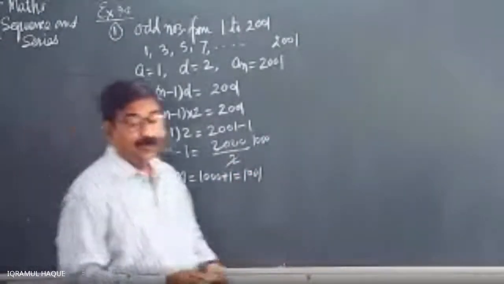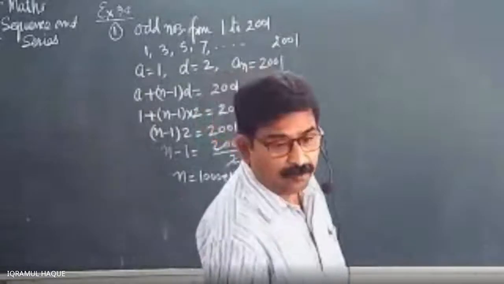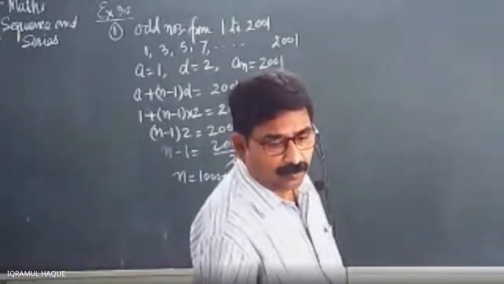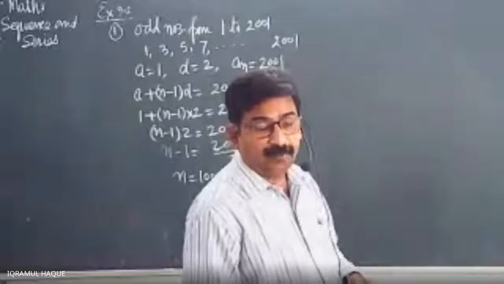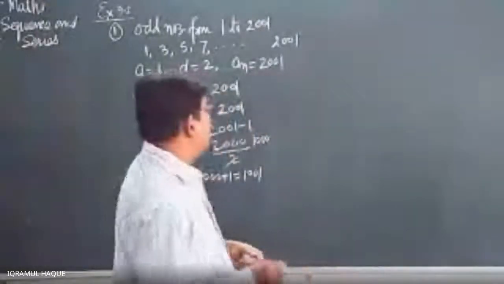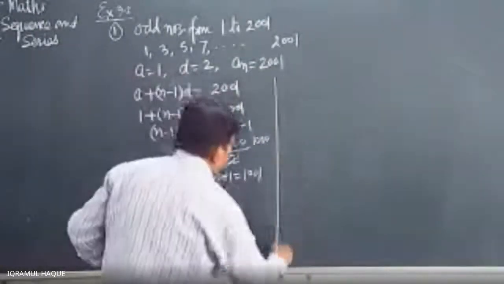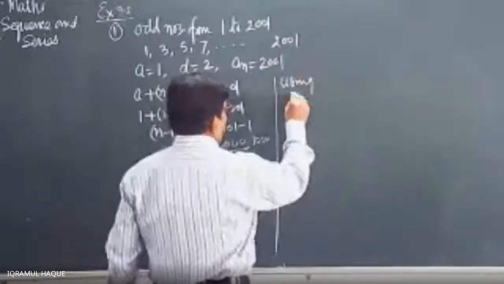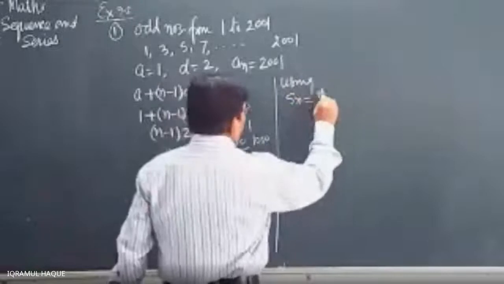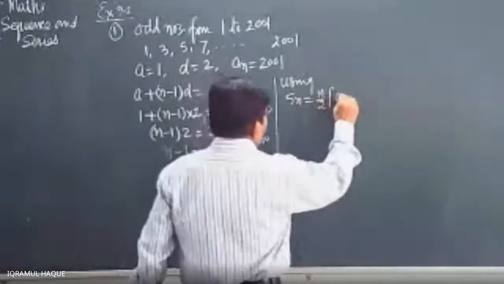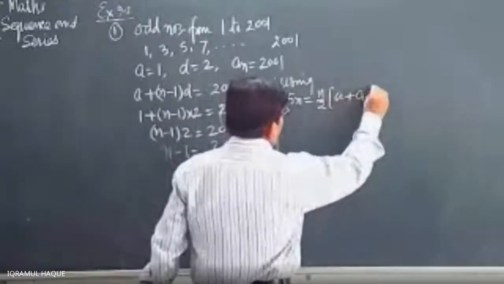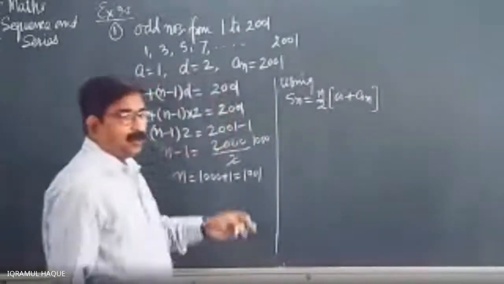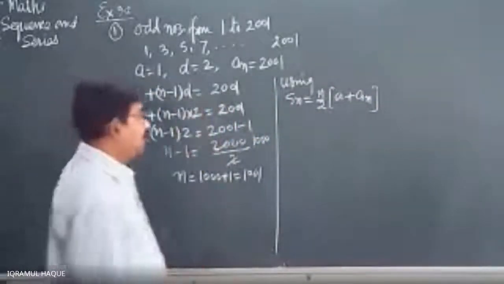So we have to find the sum of 1001 terms. Using this formula, Sn is equal to n by 2 into (a plus an). This can be used, or the other formula you can use.